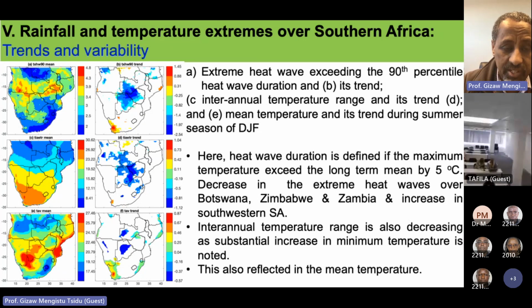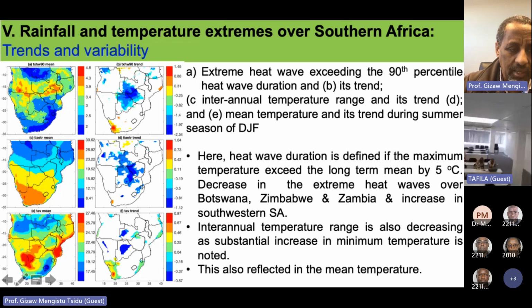That's what we discussed yesterday, and the warmer will be even more warm. But the rate at which the two are changing is different. The colder temperature is getting warmer much faster than the warmer temperatures are going to extreme warm. So as a result, you'll see that the difference between minimum and maximum is decreasing.